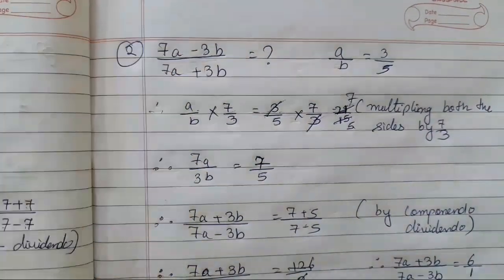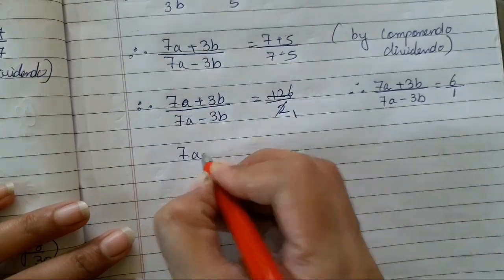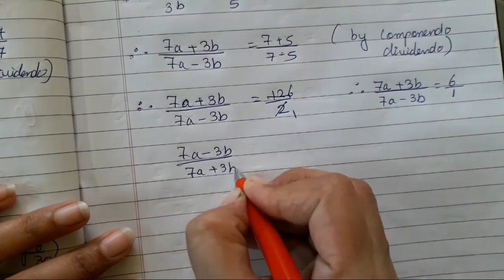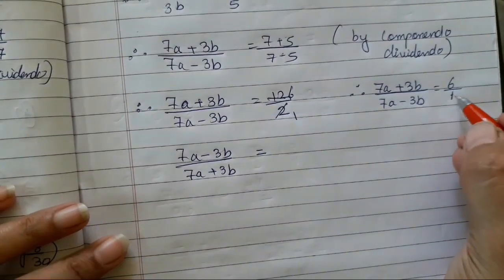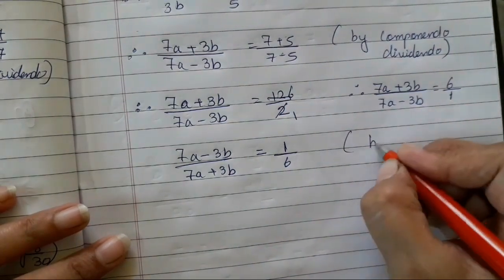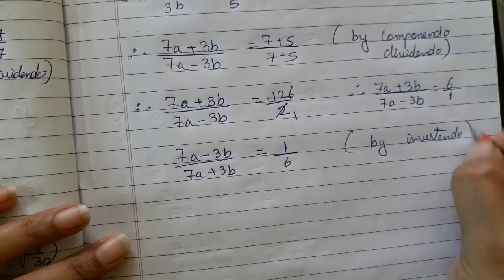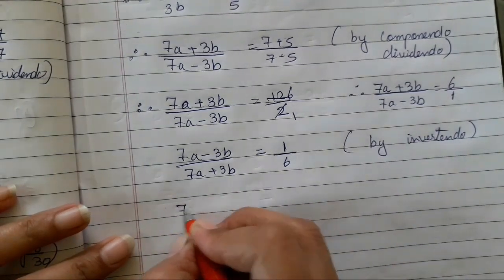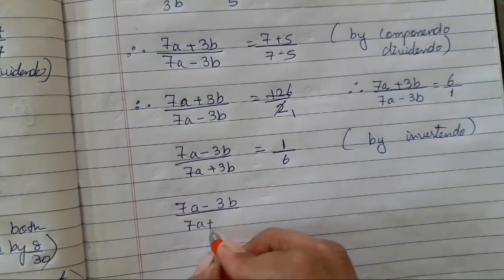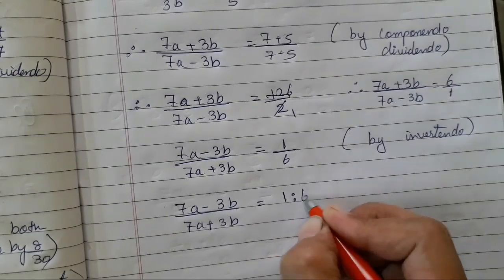Okay, so we will write this question only: (7a minus 3b) upon (7a plus 3b), and over here the number will also change. So it is going to be 1 upon 6. And for here you all have to write by invertendo. Okay, so the ratio is going to be how much? 1:6.